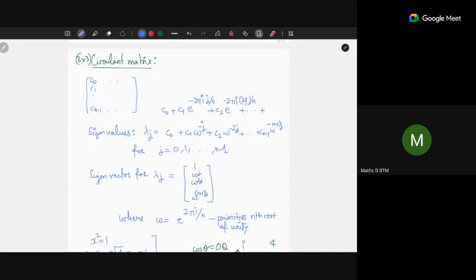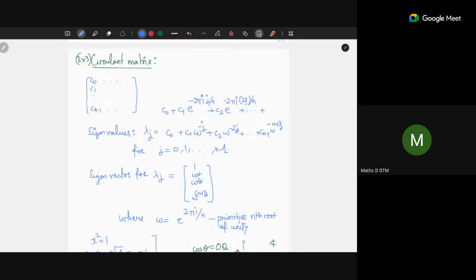So this will be the case. It is not all the roots, as I said, but it will be part of some roots.